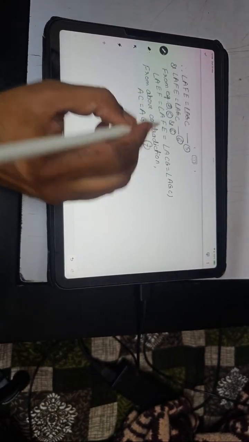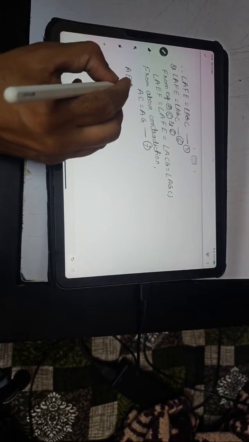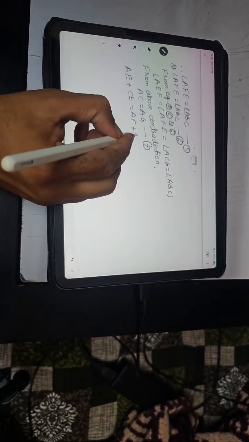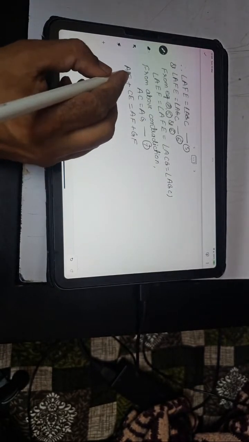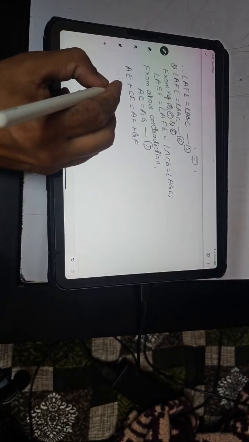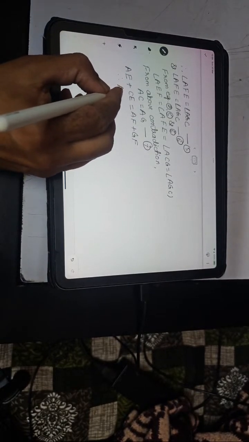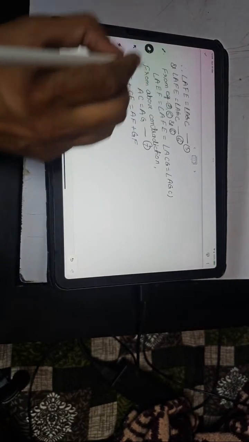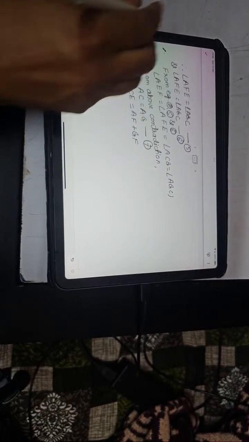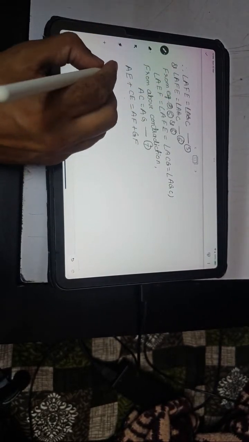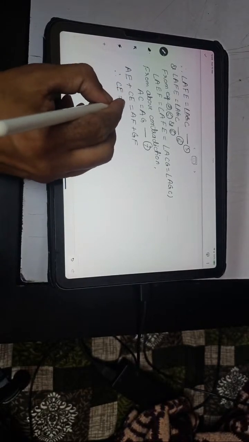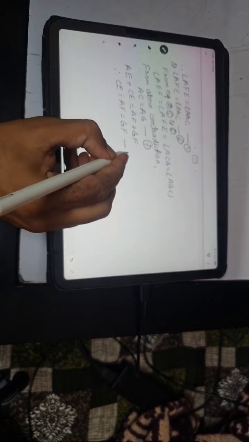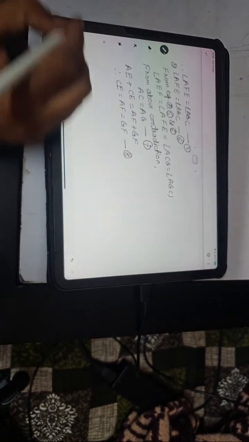So this is 7. That means AE plus CE equal to AF plus GF. So therefore I can say AE, oh sorry, this I have already done. Now, so therefore CE equal to AF equal to GF. This is eighth equation.